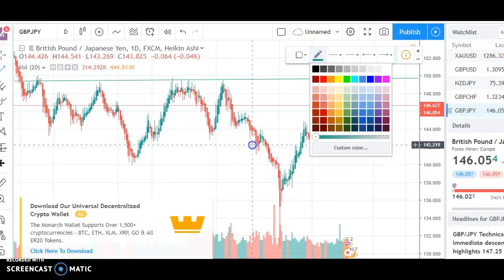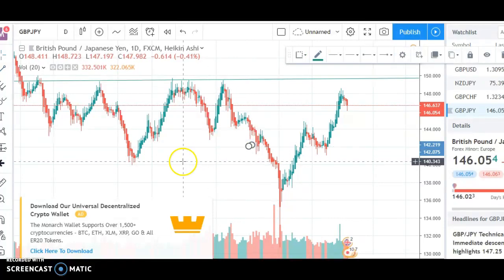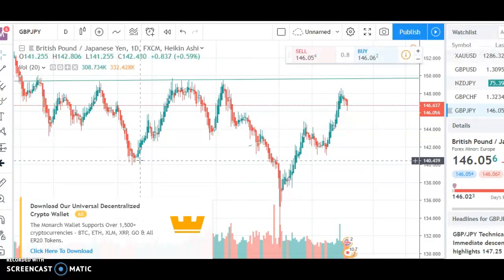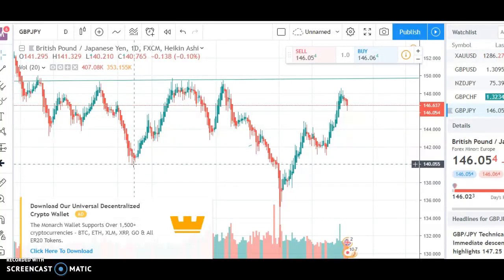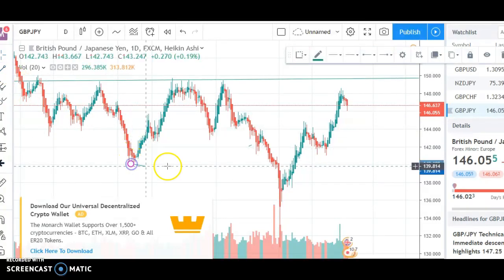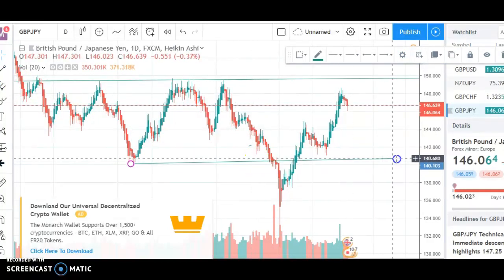Now, look at this. Let me move it down. Look at this point. At this point, there are two lines you need to look at. Very important. Look at this point. You see this point?